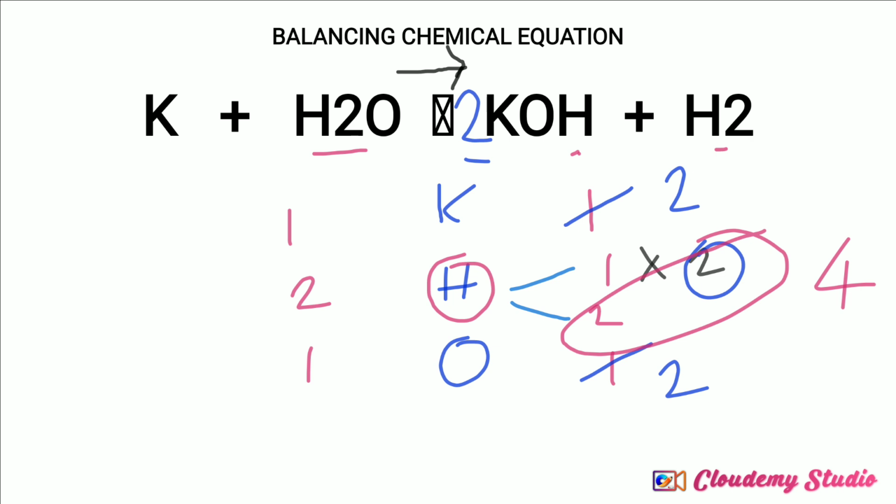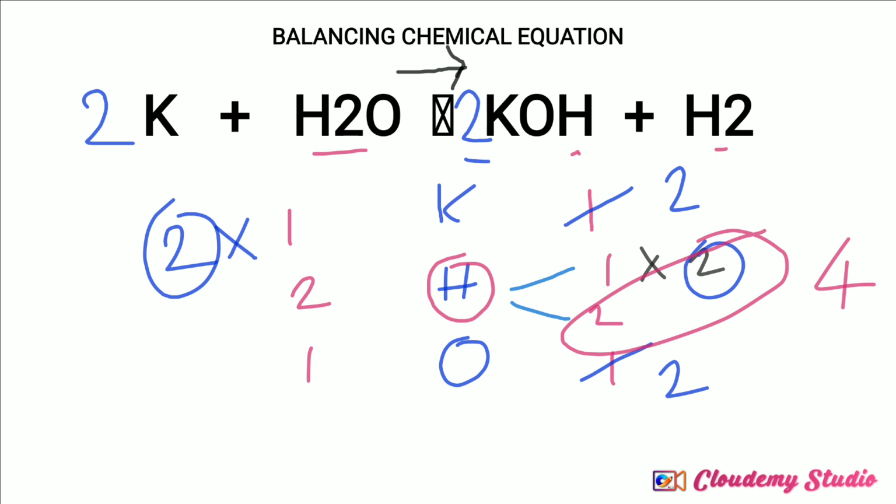Potassium at the right hand side, 2 atoms, but potassium at the left hand side, only 1 atom. Therefore, we need to multiply this 1 into 2. So this number we need to write as a coefficient of this potassium.